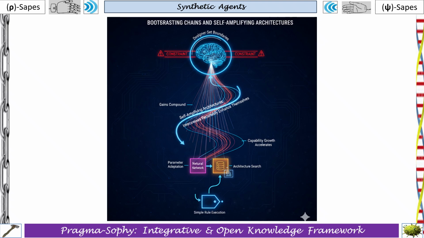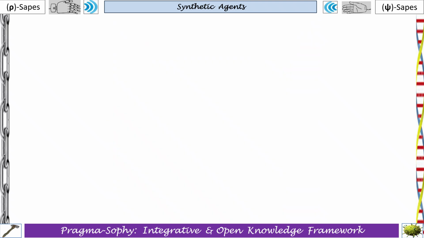Capability growth accelerates. This figure charts this ascent from logic gates to self-optimizing systems. However, without constraints, such amplification would be hazardous. This necessitates architectural limits.